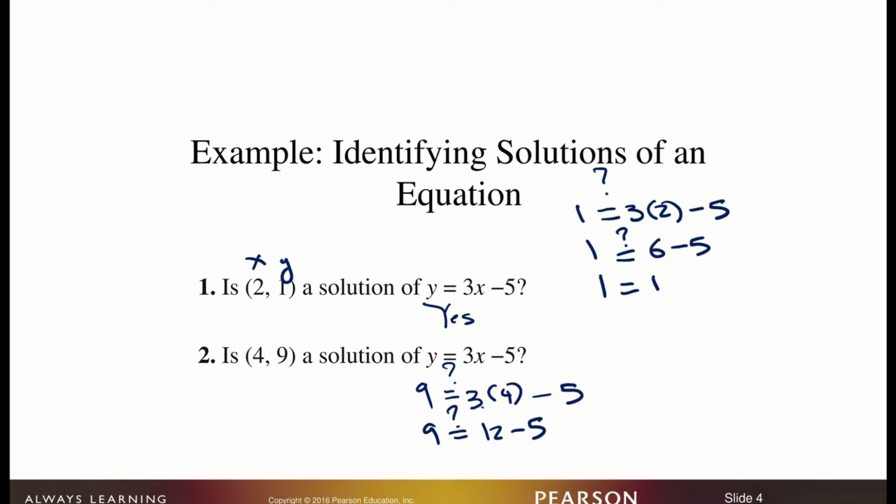So again, we still need our question mark. And then we get to 9 equals 7. Okay, now that is false. In fact, that statement, since it has no variables in it, is always false. Such a false statement we call a contradiction, actually.